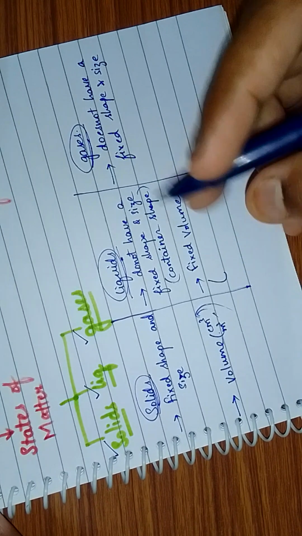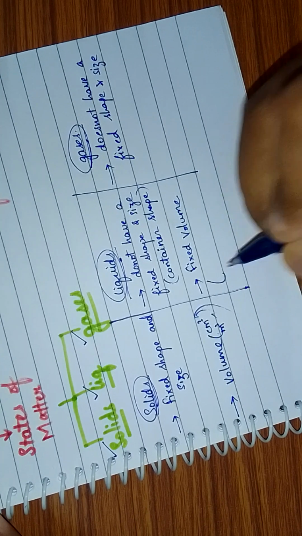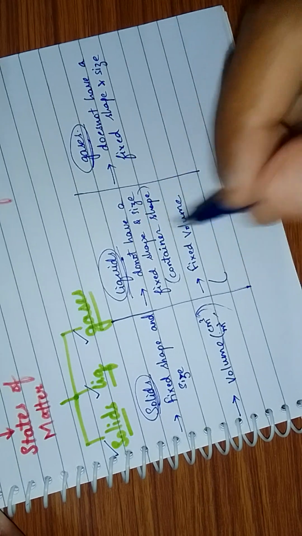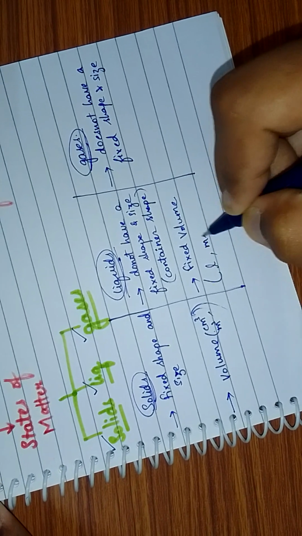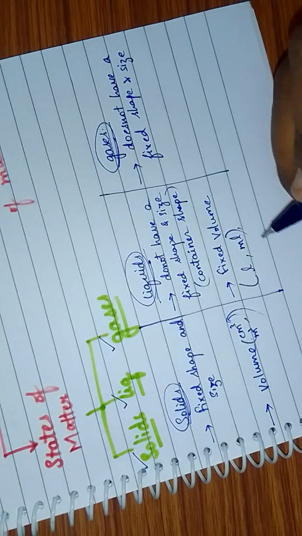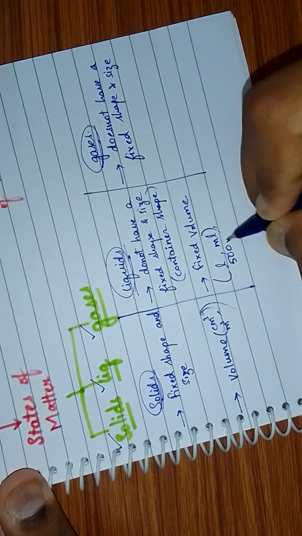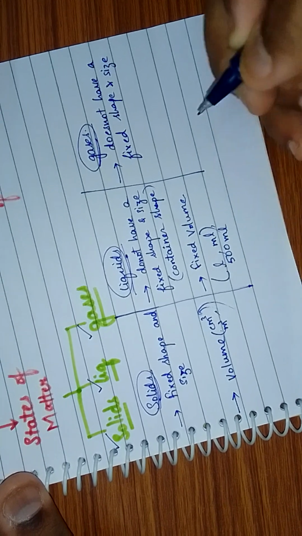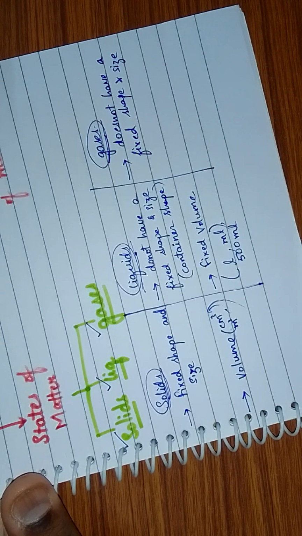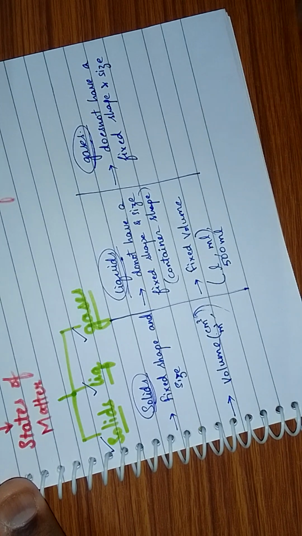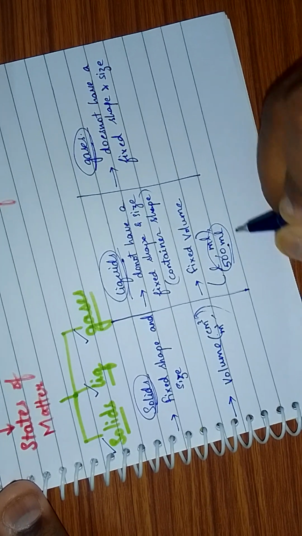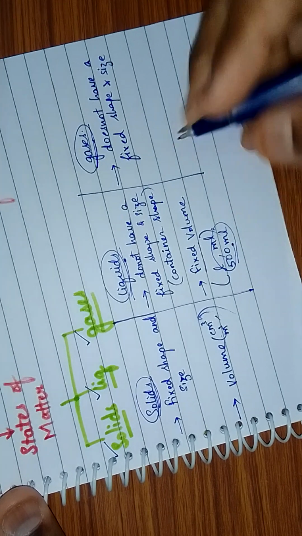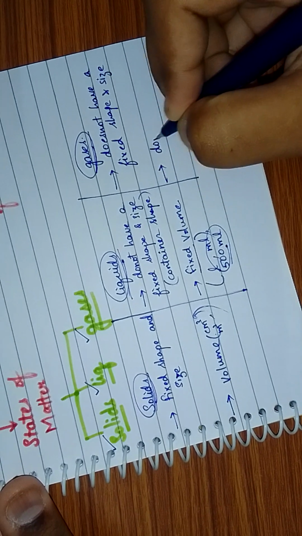If you fill a glass of water, you'll have some liters or milliliters. If you have 500 milliliters, that is half a liter, in a jug, and you pour the same amount of liquid into a vessel, does the volume change? No, it remains the same. So liquids have a fixed volume, whereas gases do not have a fixed volume.